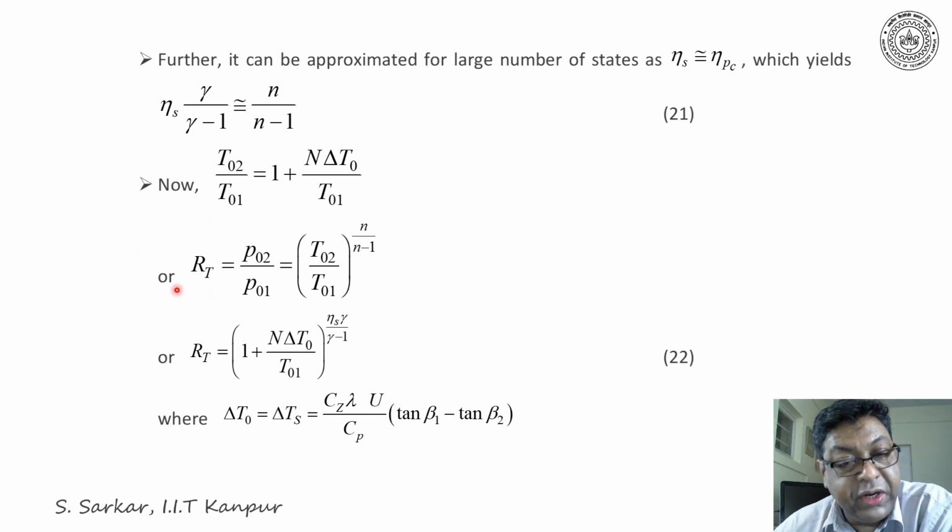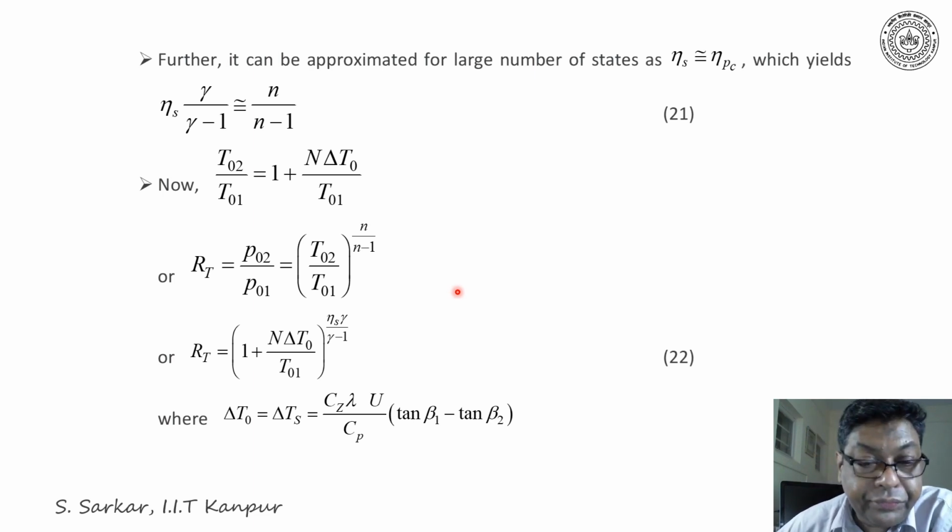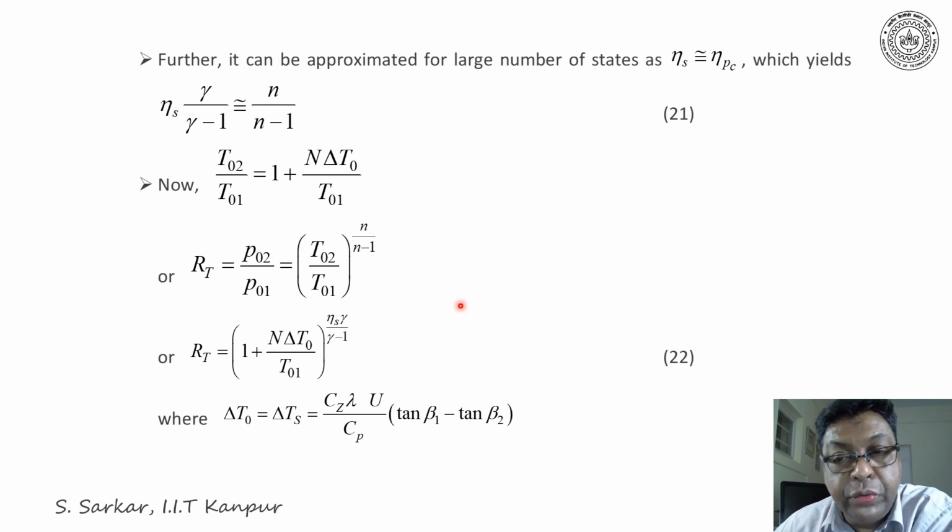Thus overall pressure ratio can be related as P02 by P01 is equal to T02 by T01 to the power N by N minus 1, where N is the polytropic index. Now I have already told N can be related with eta S and gamma, as I have considered eta S is approximately equal to eta Pc.